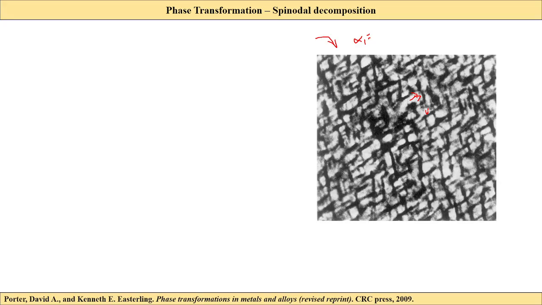That is how we see the alpha 1 alpha 2 decomposition in the images. And when we do the elemental composition for a line scan, for example, if I draw a line and do the line scan, my composition will change.